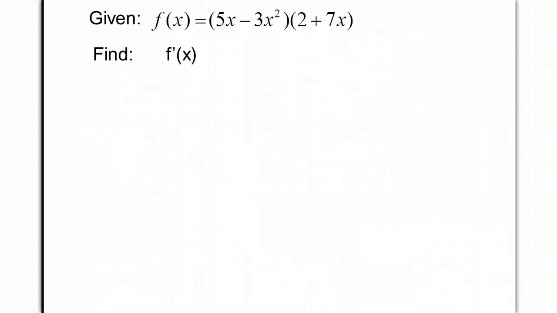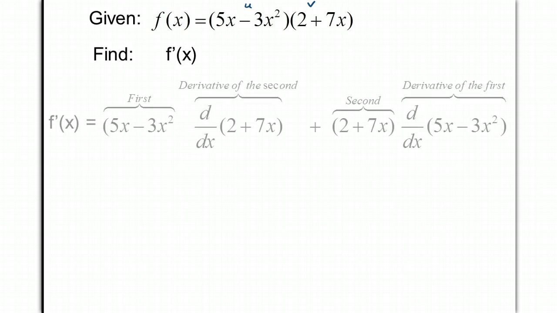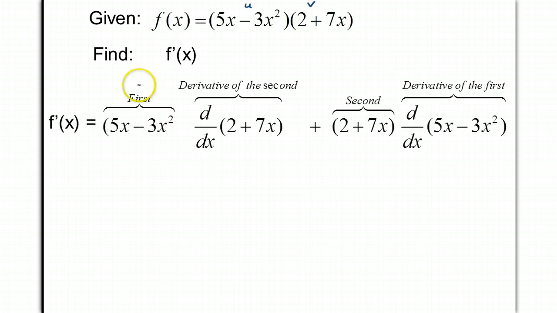Okay, so let's practice this. Here we have the function, the product of two binomials. If we write this as u and v, f prime of x is equal to the first, which is u, the derivative of the second, which is dv, plus the second, v, times the derivative of the first, du.